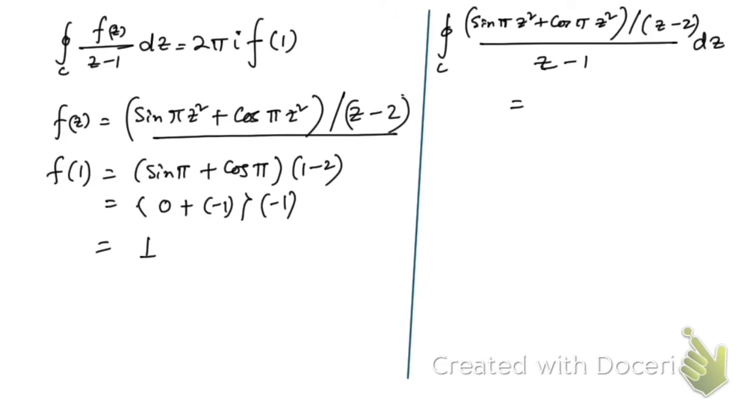By Cauchy integral formula, this is equal to 2πi f(1), and the value of f(1) is 1, so we have got 2πi, that is the answer. So that is what we needed to evaluate, right?